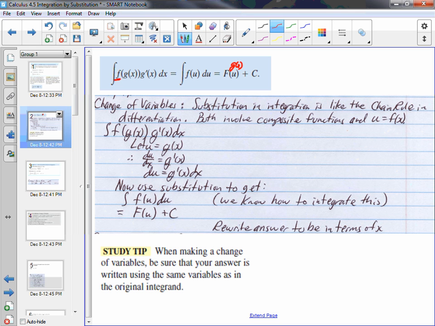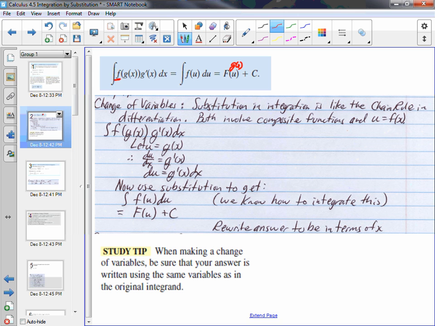Now, this is called change of variables. It's called substitution. It's called substitution by change of variables. So be familiar with either term, change of variables, substitution. Sometimes you even just say U substitution, like the letter U. So substitution in integration is like the chain rule in differentiation.